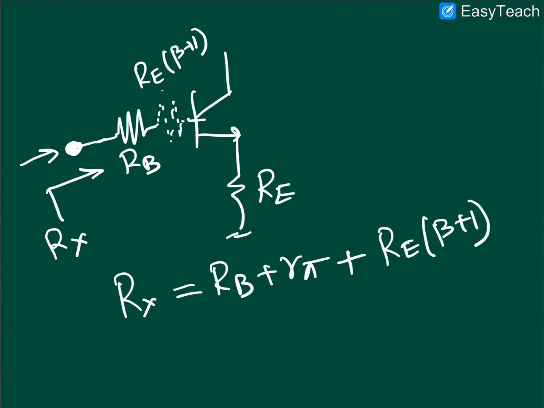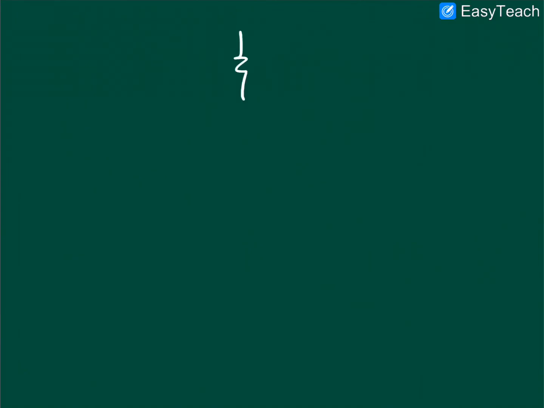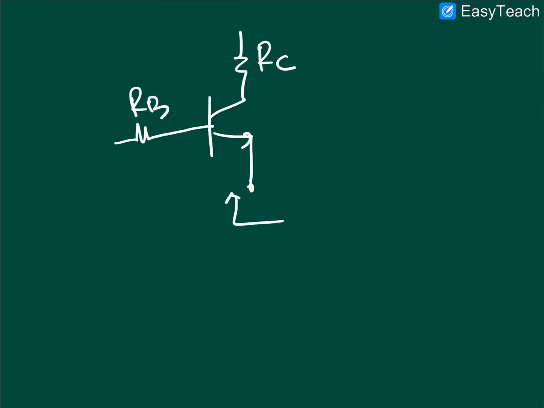Now if there is an Rc, and Rb is also there, then in order to find this Rx, this Rc will not affect it anyhow, because this Rc is connected at this terminal, which is a current source. This is basically gm V pi or beta Ib, you can write.